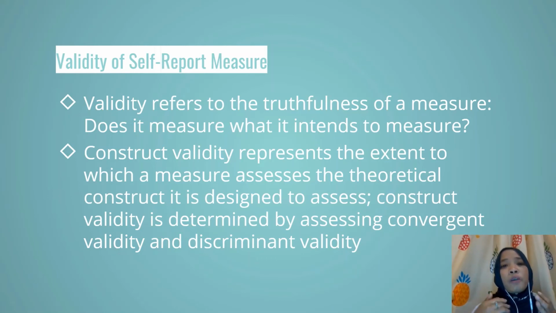Discriminant validity is the opposite of convergent validity. So you're comparing your questionnaire, your measure, with another measure, another questionnaire, that actually measures a totally different thing.